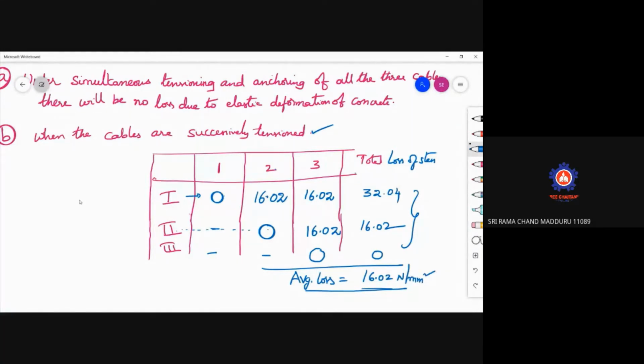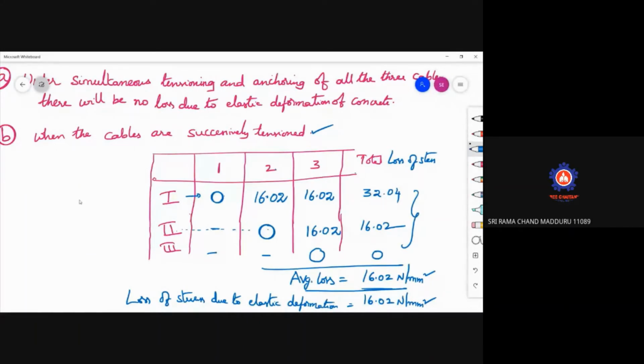So this is the average loss due to elastic shortening, that is, the loss of stress due to elastic shortening or elastic deformation is equal to 16.02 Newton per mm square. This is very, very important.